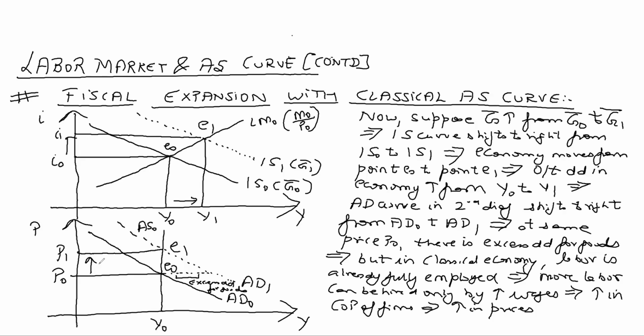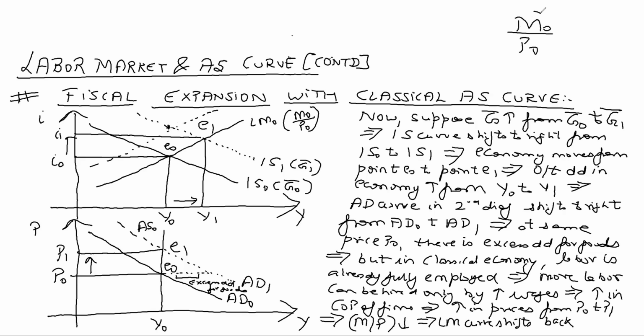Now the increase in prices from P0 to P1 will cause the real money supply M by P to fall, which implies the LM curve shifts back. The LM curve is drawn for a given level of real money supply. For the same nominal money supply, my price level has gone up from M0 by P0 to M0 by P1. That means my real money supply has fallen.